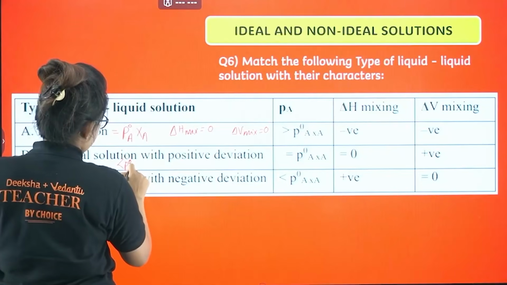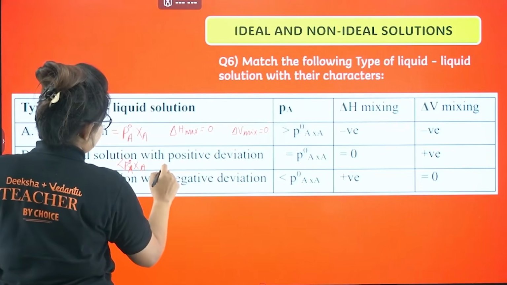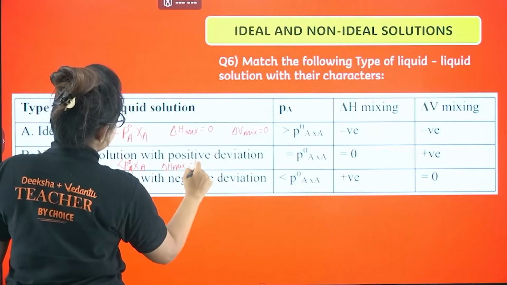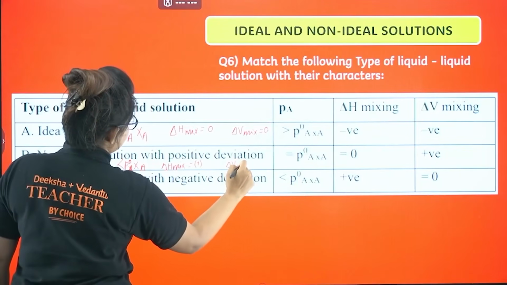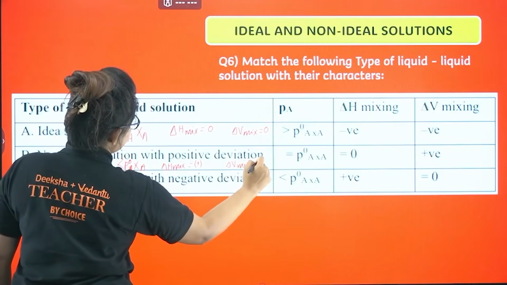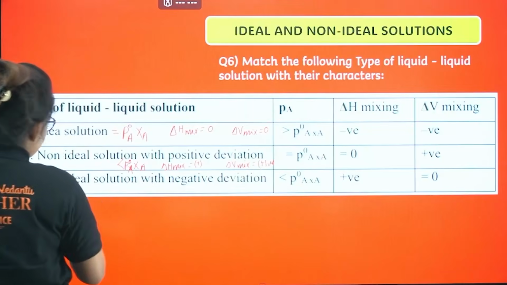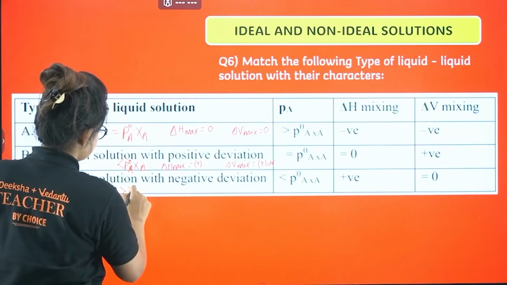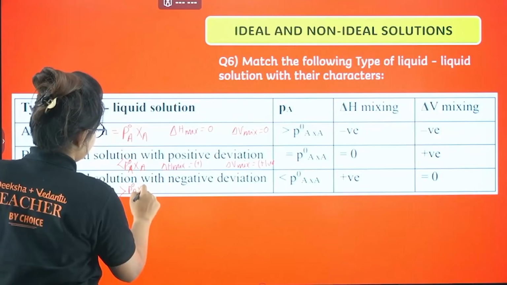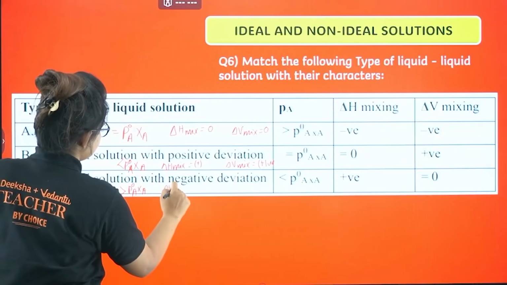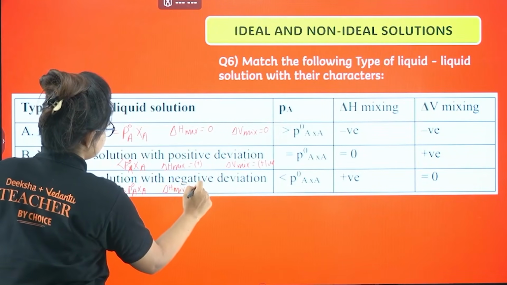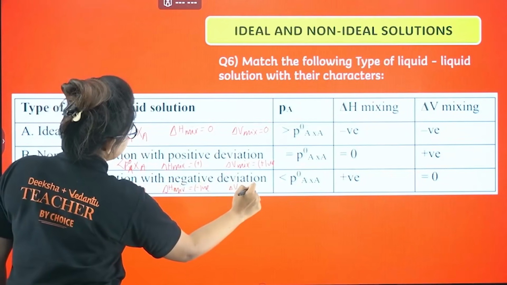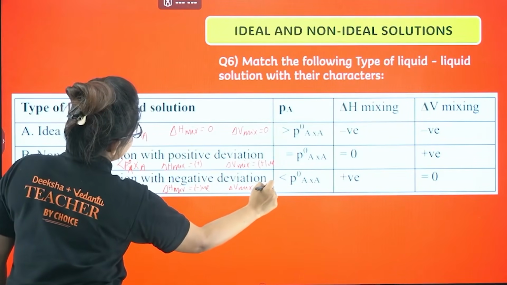So P naught A of XA, delta H mix should be positive and delta V mix should be positive as well. Okay, non-ideal solution with negative deviation, it should be this P naught A of XA, delta H mix should be negative and delta V mix should be negative as well.